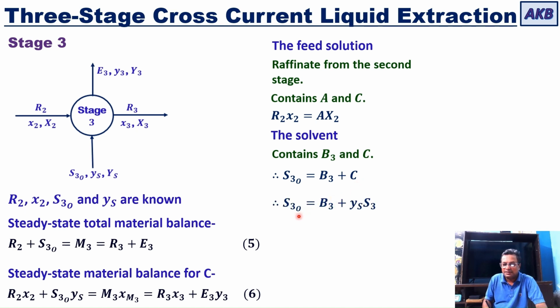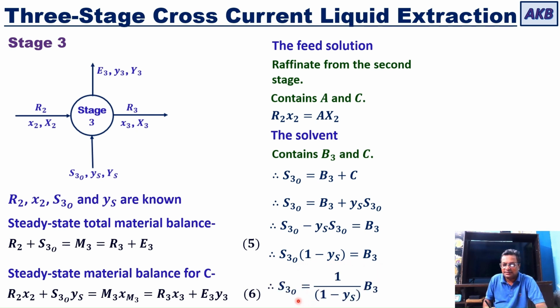That is, S30 is equal to B3 plus Ys into S30, because C in this solvent is given as Ys into S30. That is S30 minus Ys into S30 is equal to B3. If I take S30 common, it will be S30 into 1 minus Ys is equal to B3. That is, if I bring this term to this side, S30 is equal to 1 upon 1 minus Ys into B3.